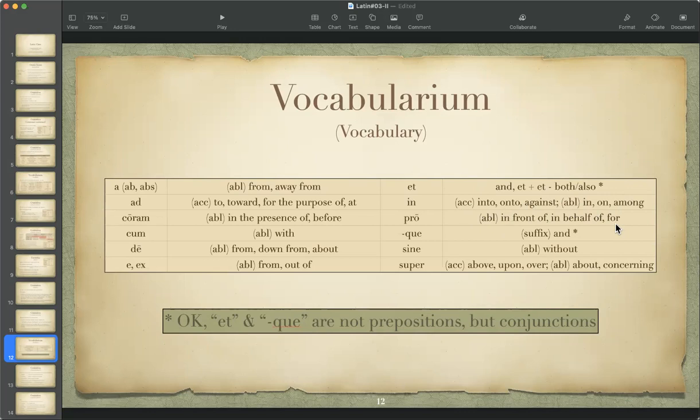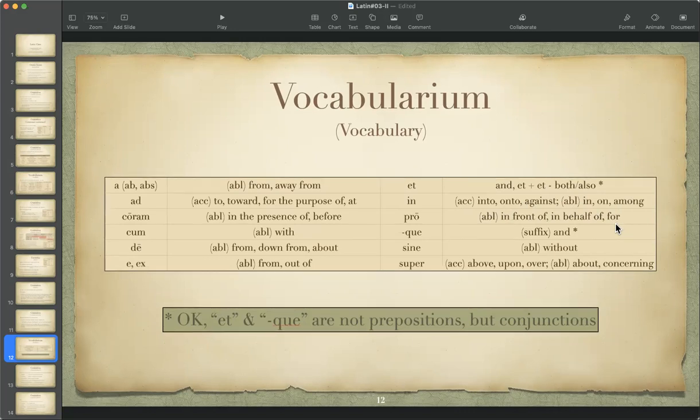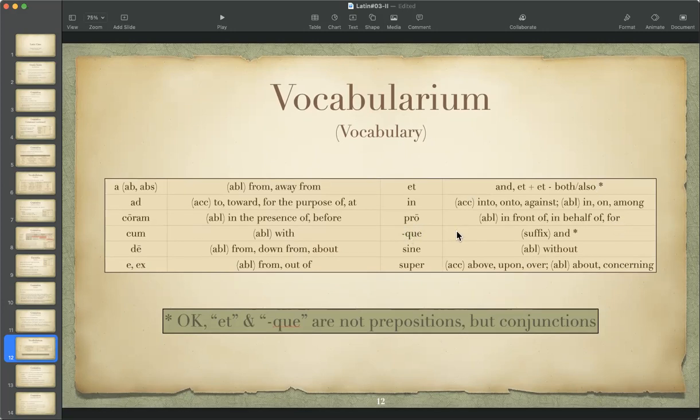And don't worry, we'll have a lot of examples coming up here, which hopefully will clarify some of this stuff. Pro, okay, pro, well, hey, not that dissimilar than what the English word is, you know, pro-life, pro-family, pro-woman, pro-whatever. And we're not referring to golf pros. That's a different kind of pro.